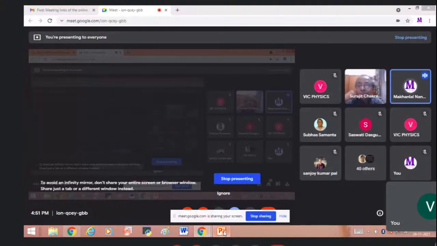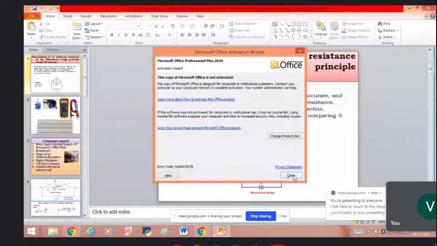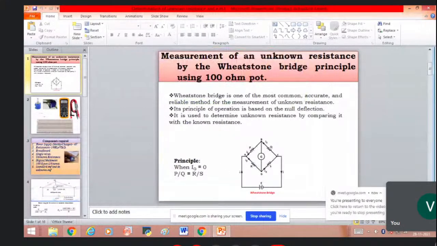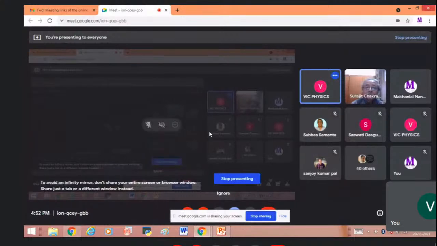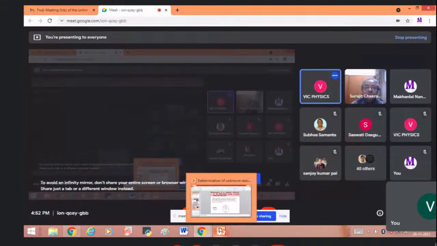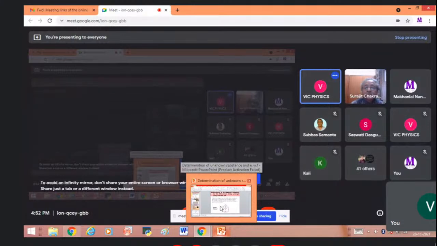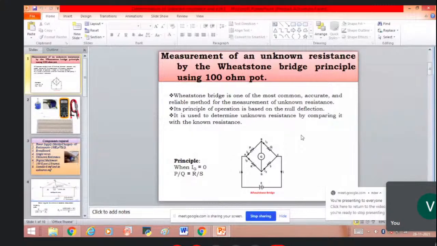Is it visible? Yes, sir. Just one thing, if you go to full screen mode, I think it will be bigger and clearer.